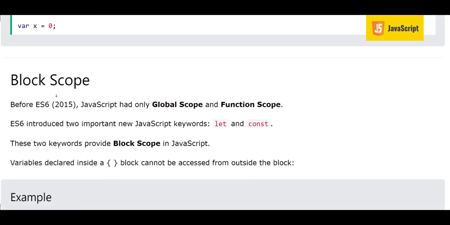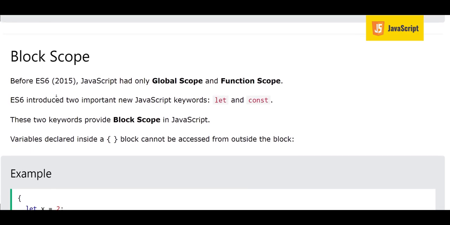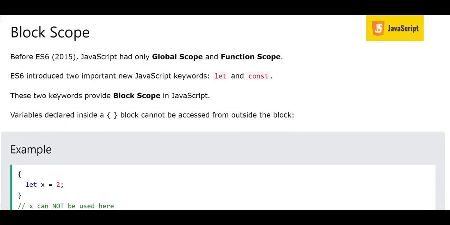Next point we discussed was block scope. What is block scope? Before ES6, JavaScript had only global scope and function scope.